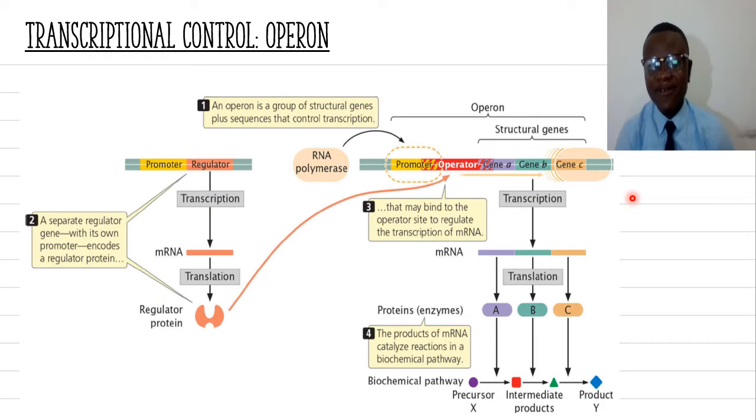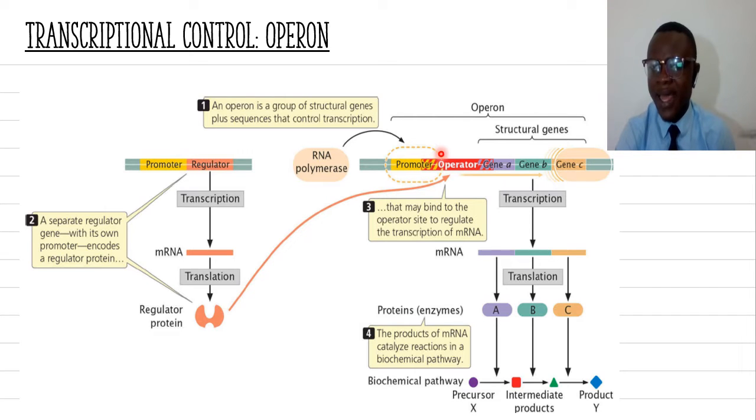Okay, so let's have a picture of what we've been defining and discussing. That's an operon. Like I stated earlier, an operon is a group of structural genes plus their regulatory elements. This is an operon, as you can see here.